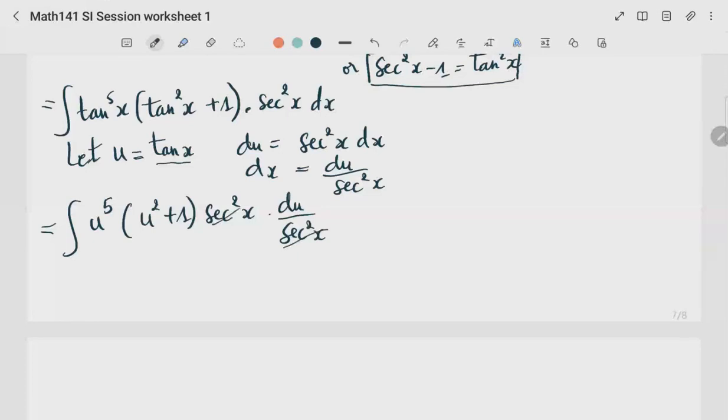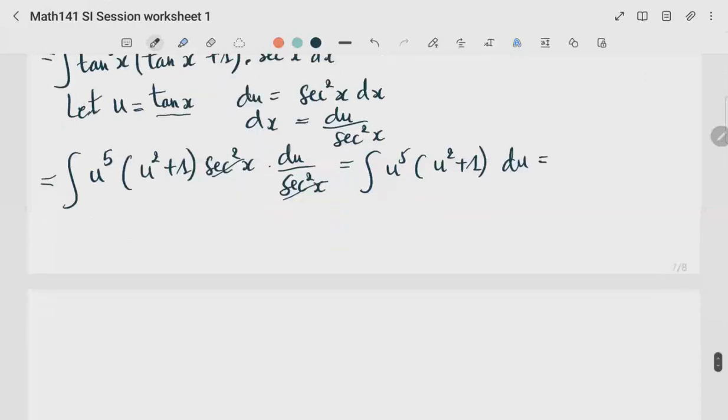The sec squared x cancels, so we have the integral of u to the 5 times u squared plus 1 du, which is an easy thing to integrate. If you multiply u to the 5 by u to the 2, that's u to the 7, which when you integrate is u to the 8 over 8, plus u to the 5 times 1 is just u to the 5, which integrates to u to the 6 over 6.